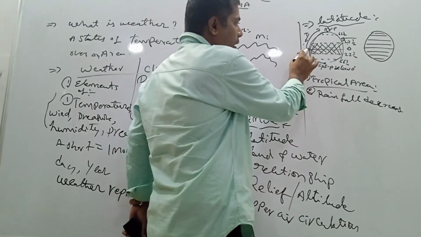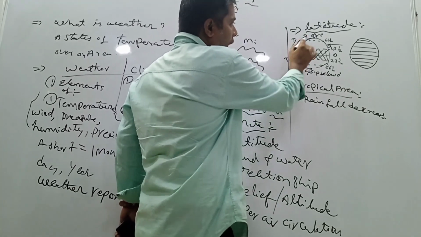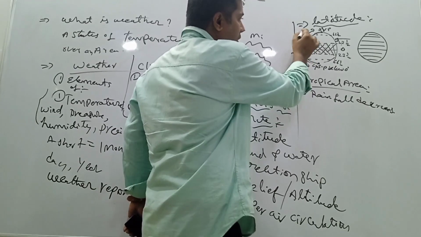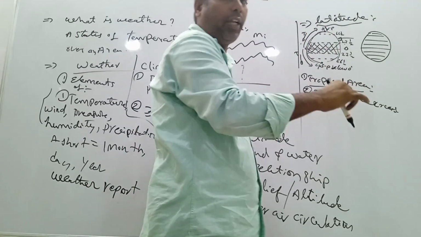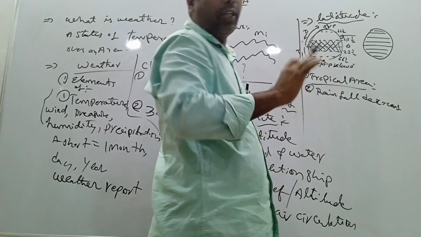At 0 degree, the equator, it always rains. If you move to the North Pole and South Pole, when the temperature decreases, rainfall also decreases. So at the North Pole and South Pole, snowfall is there.